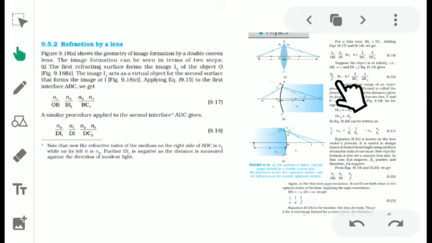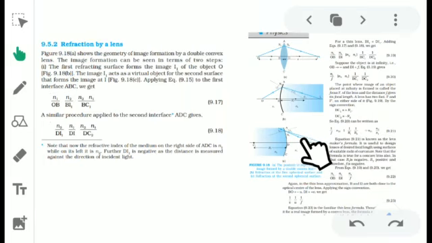Now in this equation, n1 by f is equal to n2 minus n1 into 1 by BC1 plus 1 by DC2. We will put the values here. We will get the equation 1 by f is equal to (n21 minus 1) into (1 by R1 minus 1 by R2).